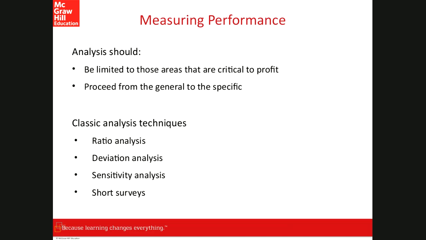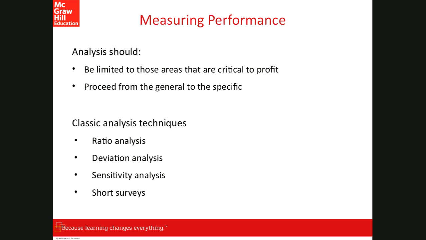In measuring this performance, it will be limited to those areas that are critical to profit, right? Sometimes we don't need to do a whole analysis on absolutely everything. What we can do is just have a very small snippet of exactly what we're getting into, and we're going to proceed from the general to the specific.